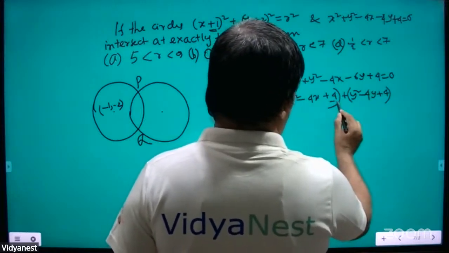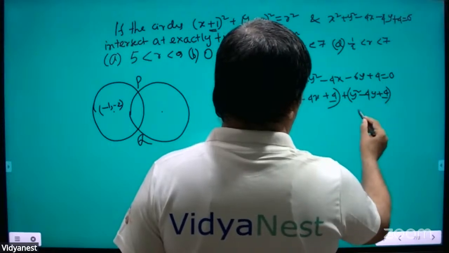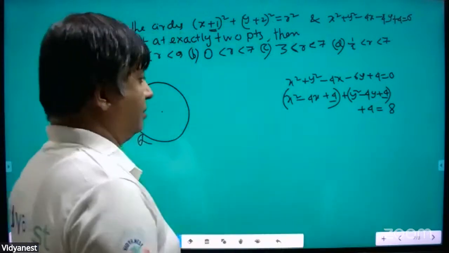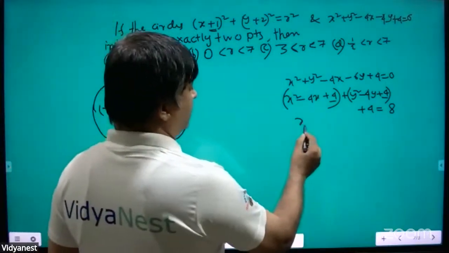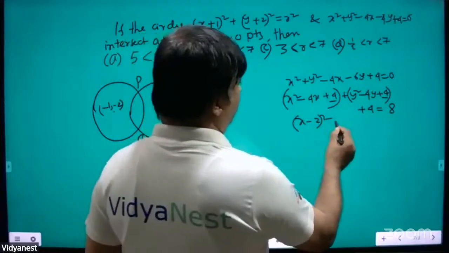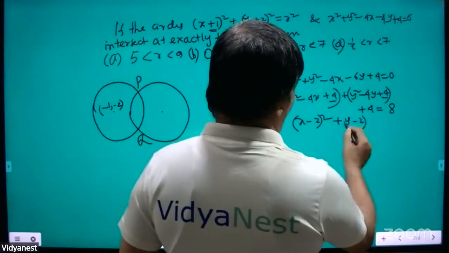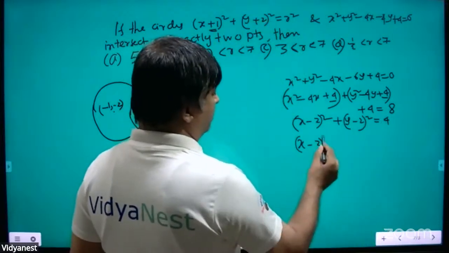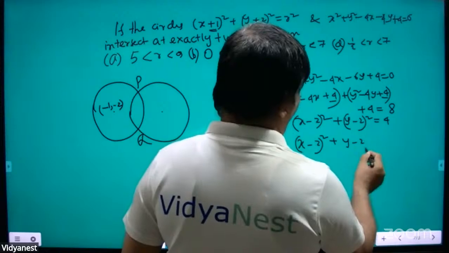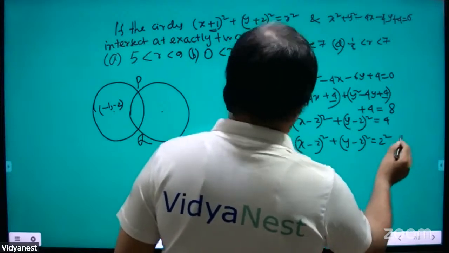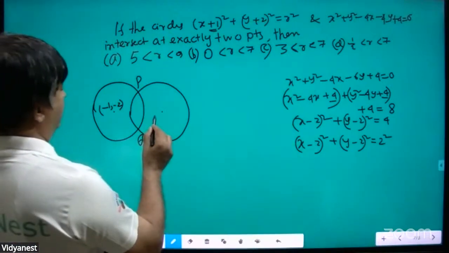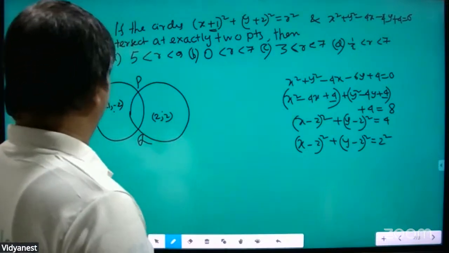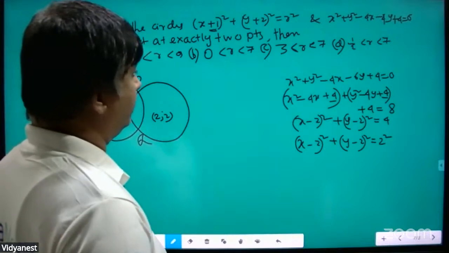So I have taken extra 8, plus 4 already there, so you add to balance. So that gives us (x minus 2) whole square plus (y minus 2) whole square is equal to 4, that is 2 square. So this center is (2, 2). Yes or no?